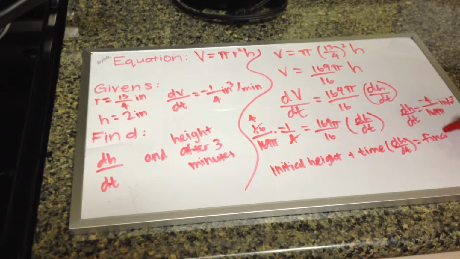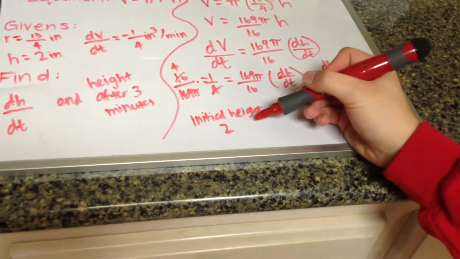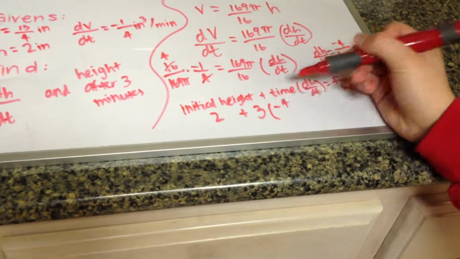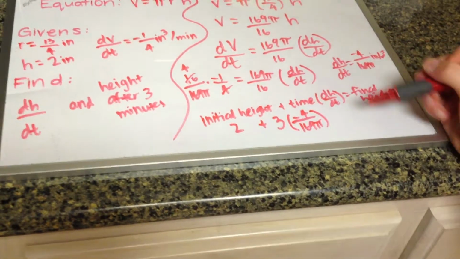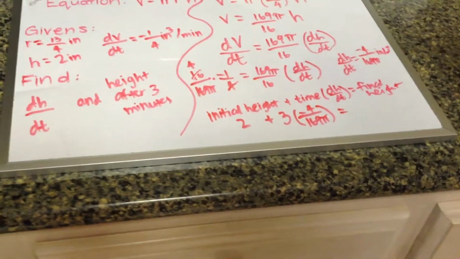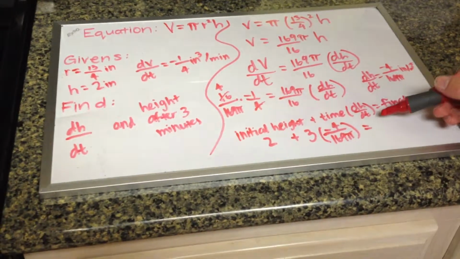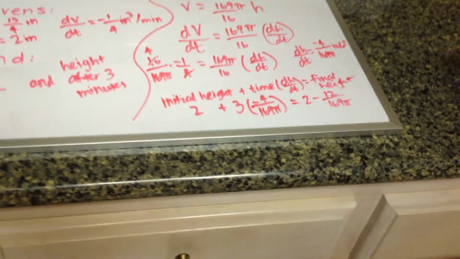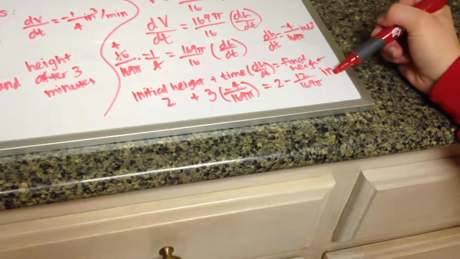So you plug in 2 to your initial height, plug in 3 for your time, and plug in negative 4 over 169 pi equals final height, and then you solve, and you get 2 minus 12 over 169 pi, and that is your final height. Inches. Voila!